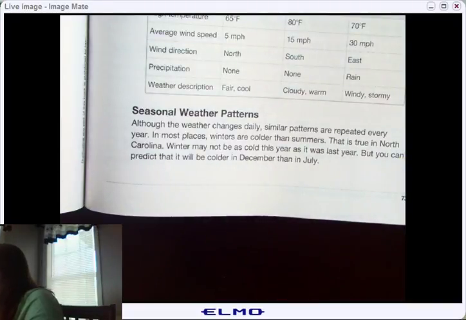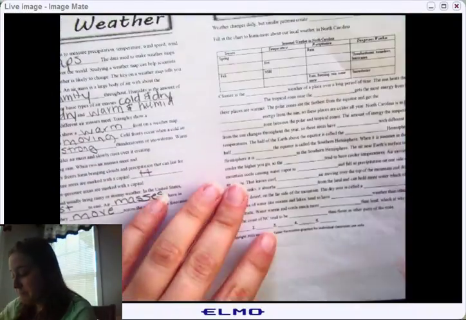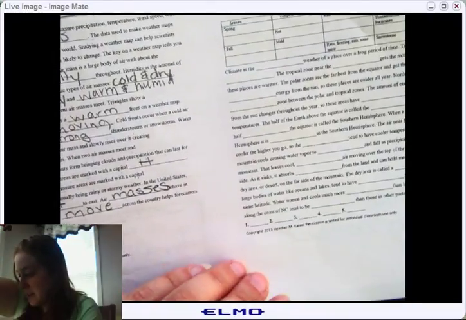So we can look at our first question here, and it says, weather changes daily, but similar patterns create blank that repeat each year.